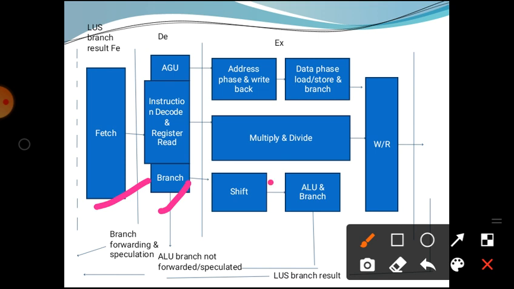In the execution stage, the memory and write stage can contain a predicted branch, an ALU or multiply execution, a load store multiple instruction, and a coprocessor instruction in parallel execution. We already discussed the execution stage. This is the brief description of this diagram.